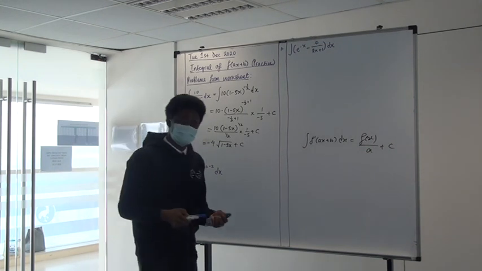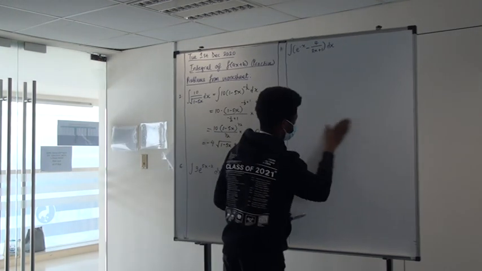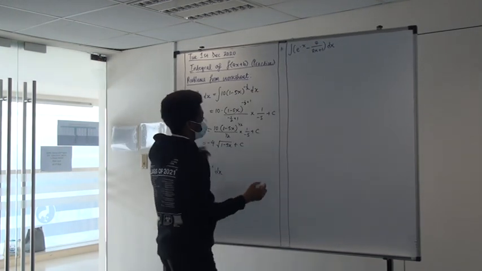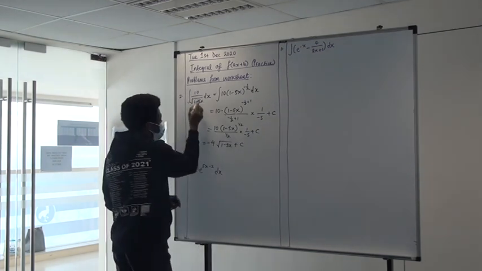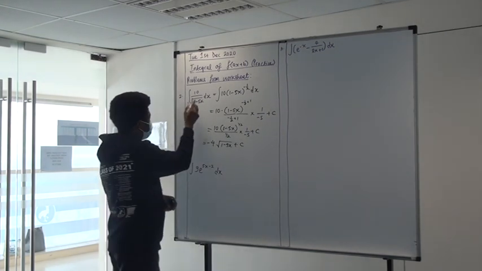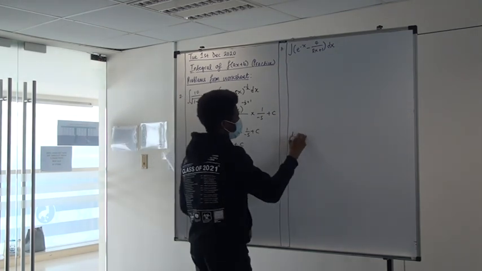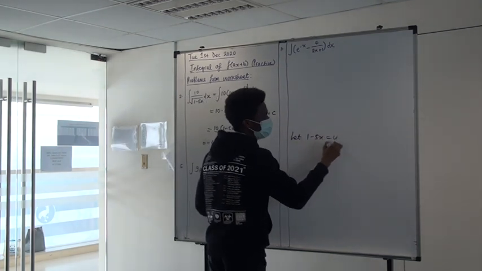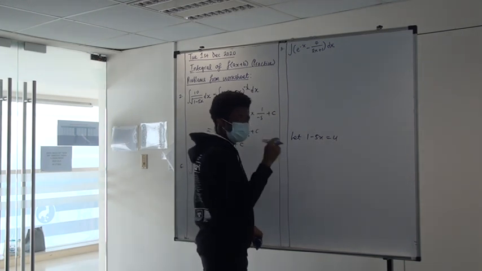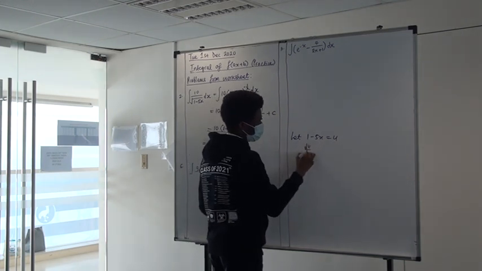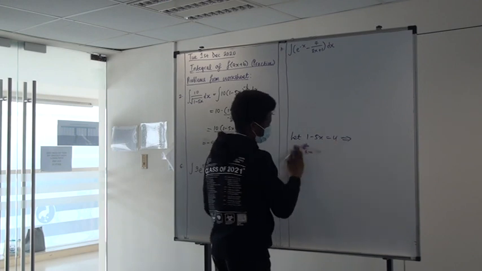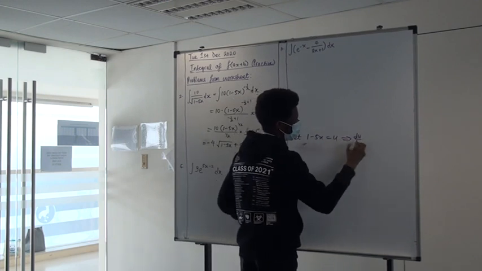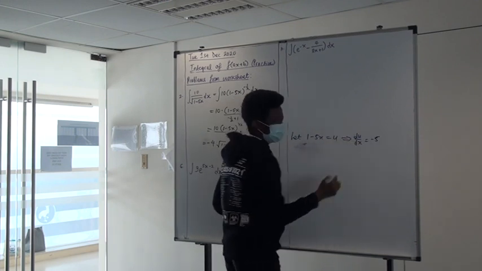If you have to do it the normal way, this is what I will expect you to do. For this question, because this is linear, you can let 1 minus 5x be u. Then du dx is negative 5.